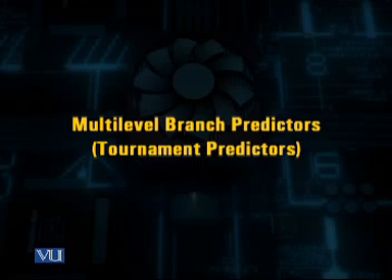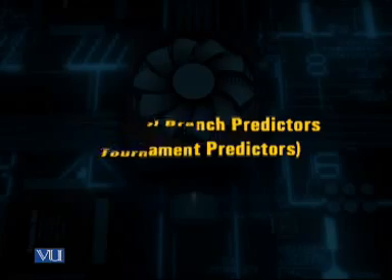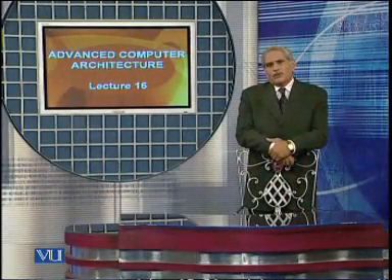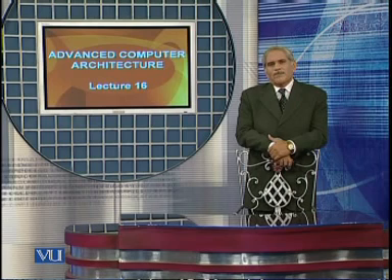The predictor used for this purpose is known as the tournament predictor. The tournament predictor works on the principle of adaptivity, which is used to combine the local and global predictors with the help of a selector. A tournament branch predictor uses several levels of branch predictors and an algorithm to select a particular predictor.